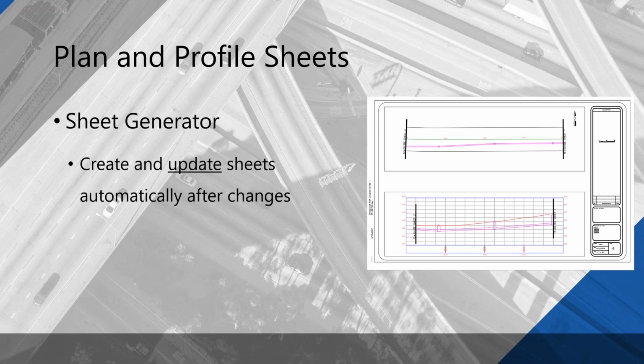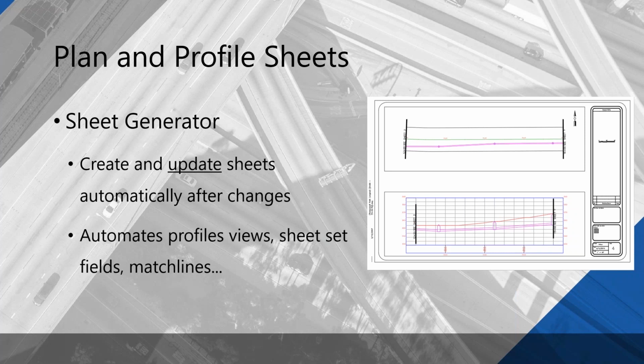So if there's a shift in the alignment, something like that, any kind of change, that can have a trickle effect through your entire sheet set. I'll show you how Sheet Generator will do that. Sheet Generator incorporates profile views, sheet set fields, match lines, everything you might put into your sheets.